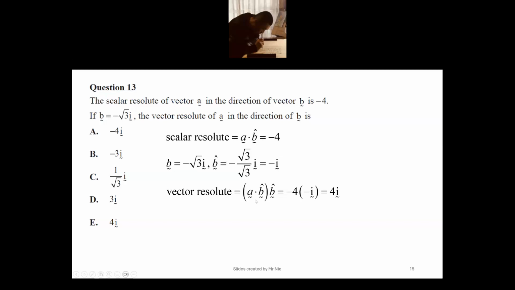Therefore, the vector resolute will be the scalar resolute multiplied by the unit vector, which gives you -4 times -i, and that's 4i. So this question can be very tricky because they prepared a distractor here. If you didn't treat this B hat properly, you might end up with the incorrect answer.